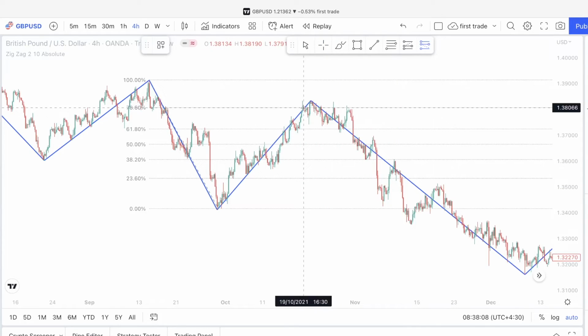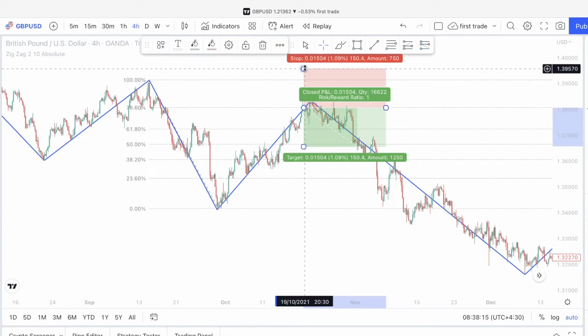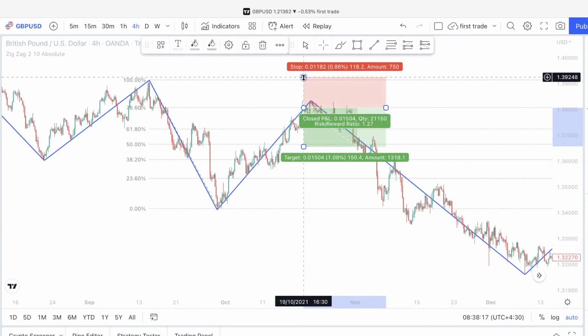Also, we can implement a risk-free and profit-saving strategy by trailing the stop loss. For example, I have the stop loss below the main wave and I definitely cannot move it or change it. So for risk-free, I wait until the market reaches the 1 risk-reward ratio.